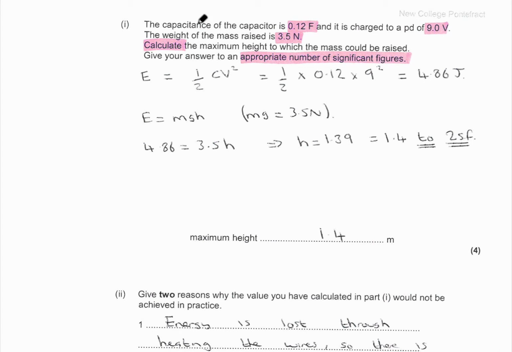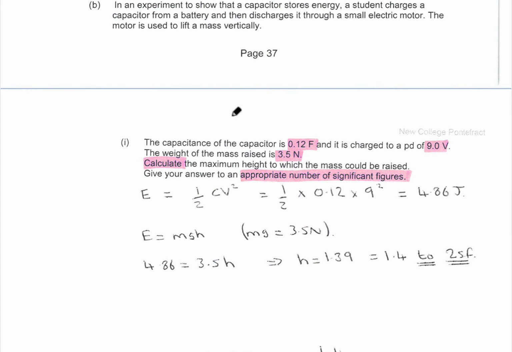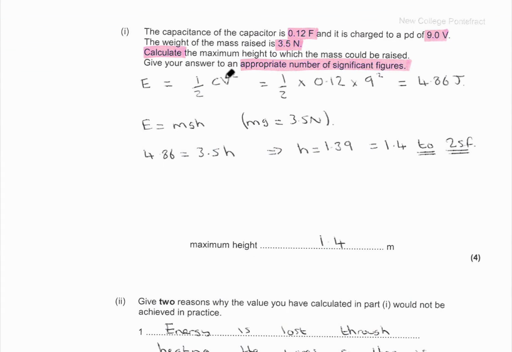We know that this question is related to energy because it tells us that up here. That gives us a hint that we'll have to use an energy equation. If we can calculate the energy that's stored in the capacitor, that energy will be transferred to the mass, and so the mass is going to be raised up. So the energy stored in the capacitor in the end is going to become gravitational potential energy.